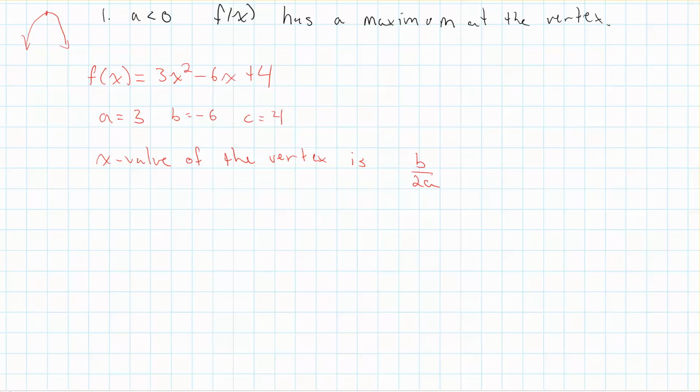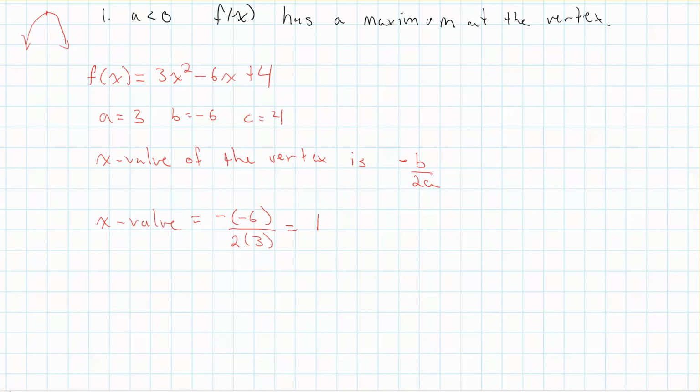And so the x value is equal to, I said negative, but it didn't draw in there, negative 6 over 2 times 3, which if we do all of that, we get 1.